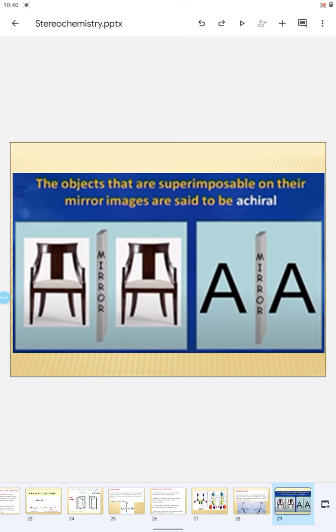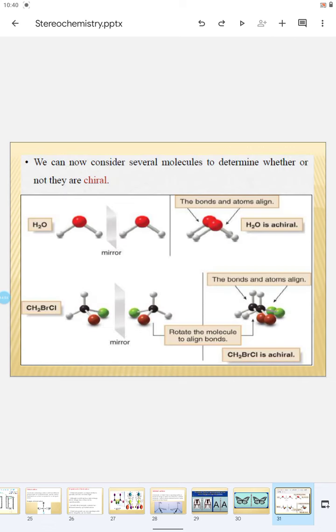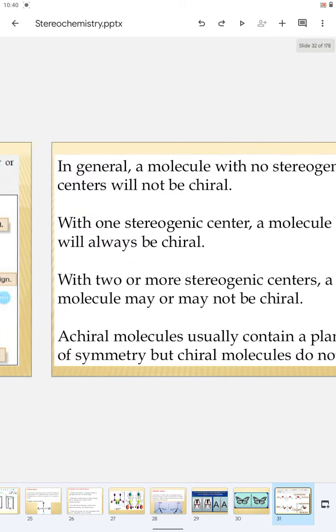So this picture shows some of the achiral mirror images: chair, the alphabet A, butterfly, which all give superimposable mirror images. See the water molecule, it is an achiral molecule. Bromochloromethane is also an achiral molecule.